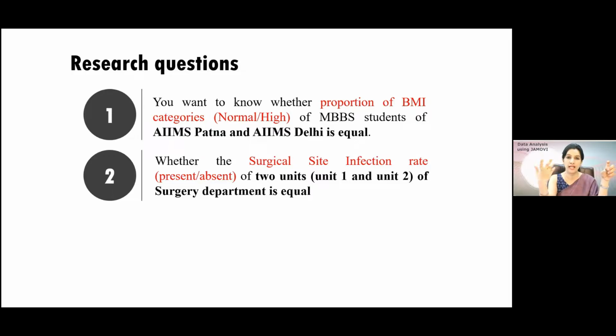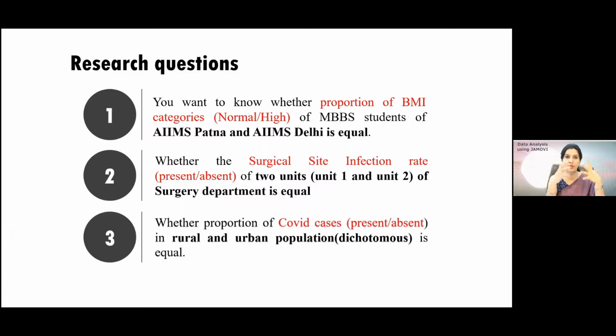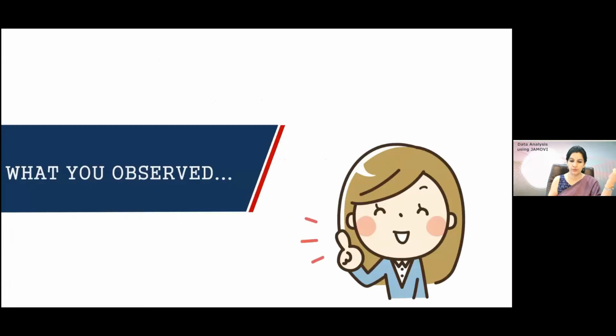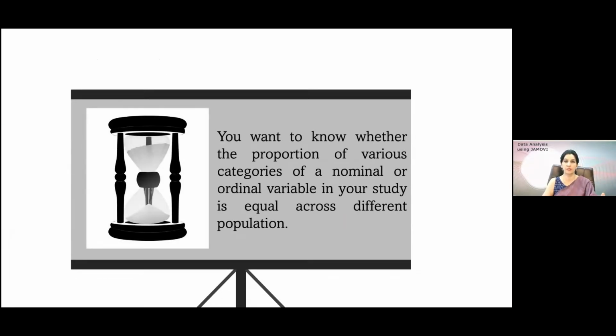So if you take categorical data in your mind and remember the independent sample t-test, then this is more like an independent sample t-test. Again, like if you want to see the proportion of COVID cases present or absent in rural and urban populations, again, it has got 2 different populations, then you have to use this chi-square test of 2 proportion. And we also call it a chi-square test of homogeneity.